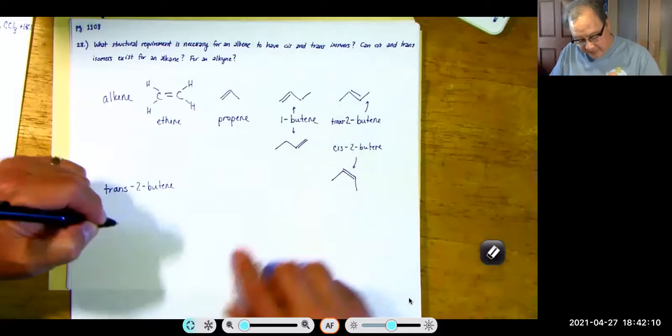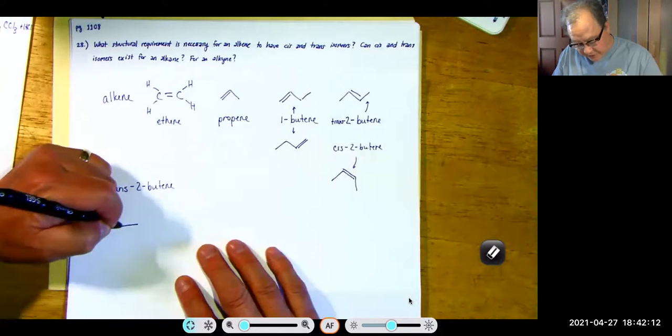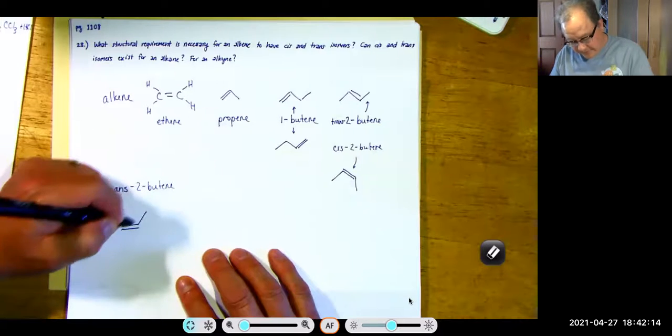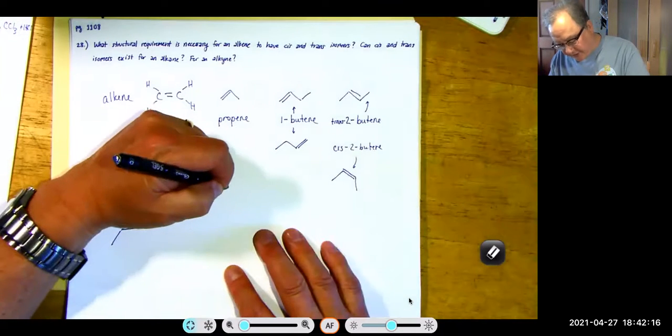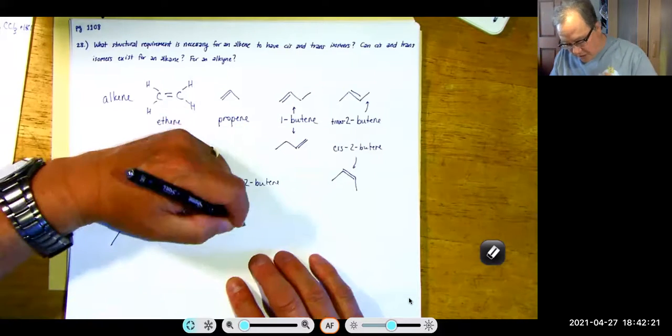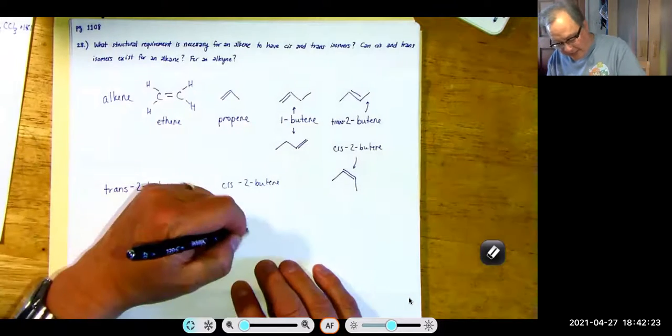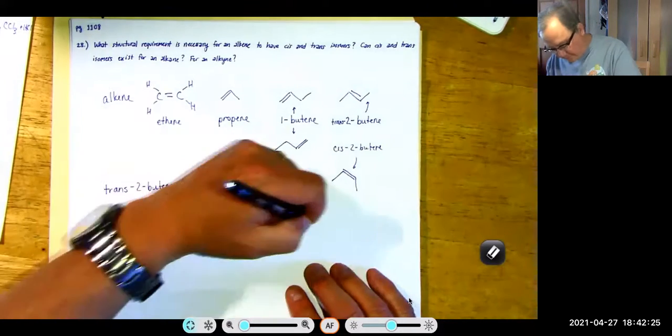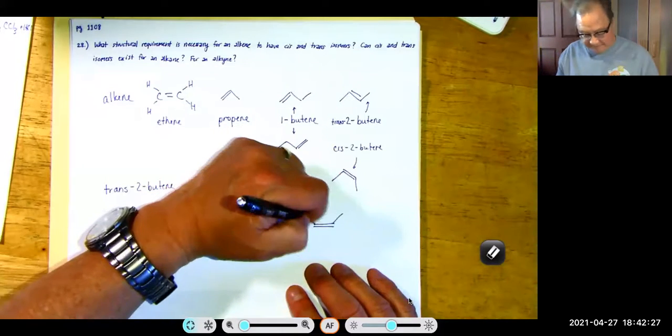So I'm going to draw them a little bit differently. Here's the double bond. And cis 2-butene. Here's the double bond. And I'm going to draw it this way or this way.